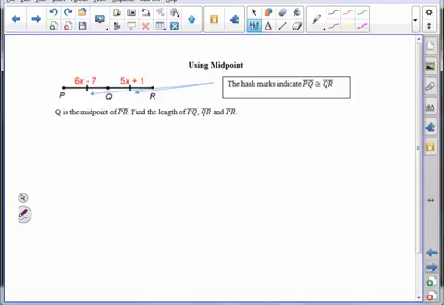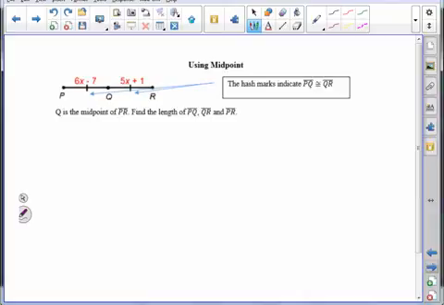So keep in mind, if we're talking about segment addition, you will have a third value of some kind to say this segment plus this segment equals another segment. But what students have a tendency to do in an example like I'm about to show you is they'll want to say, oh, well, this segment plus this segment must equal the whole segment PR, but they don't know what PR is.